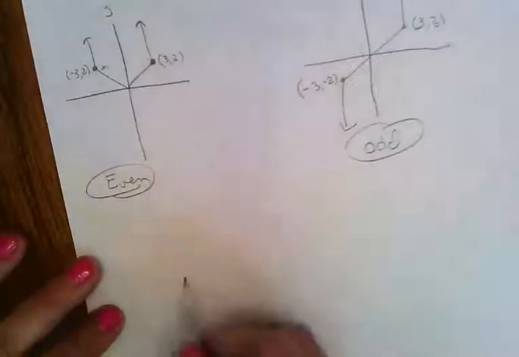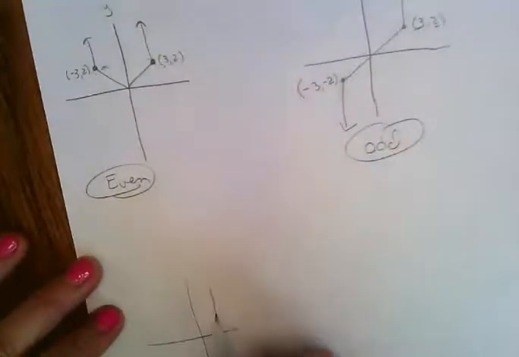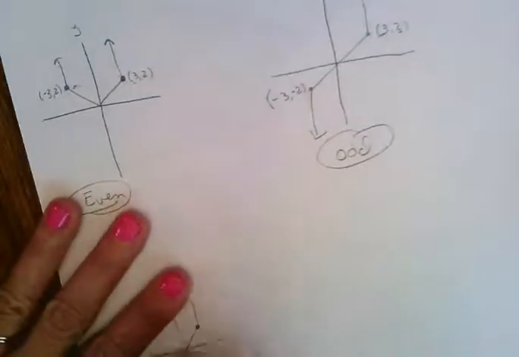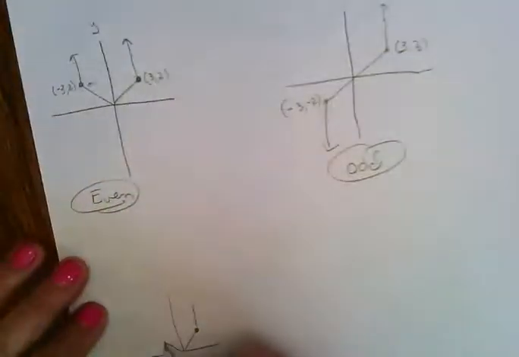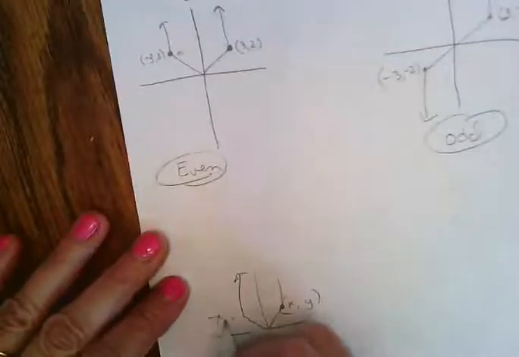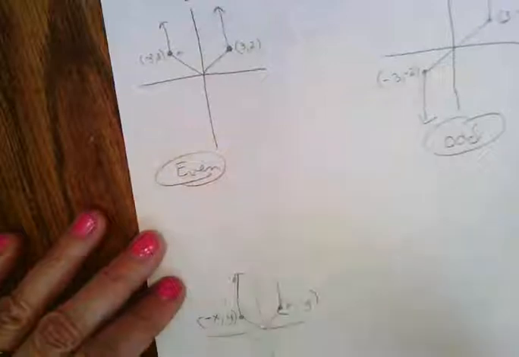So in general, if you're thinking about it, whatever your graph looks like, if it's odd, well, let me draw the even first. If it's even, if you have x, y, then you have to have the opposite of x and y over here.